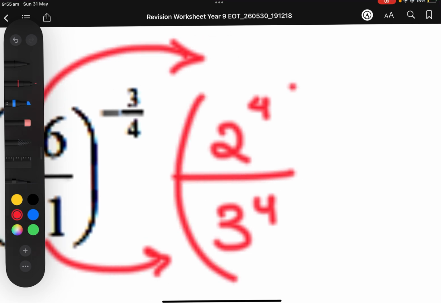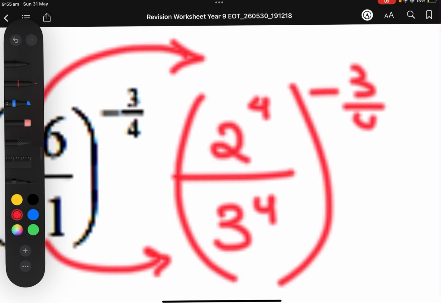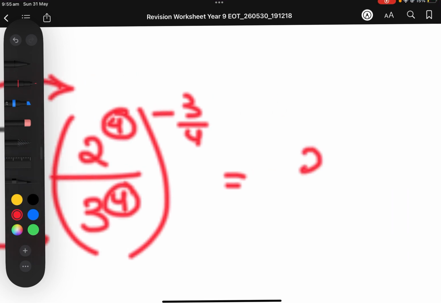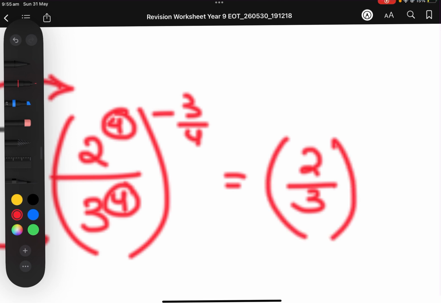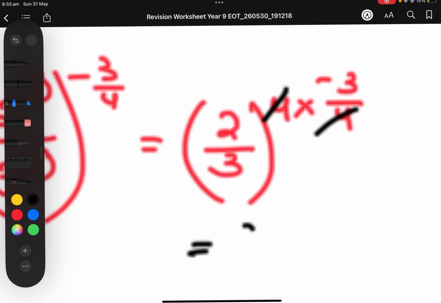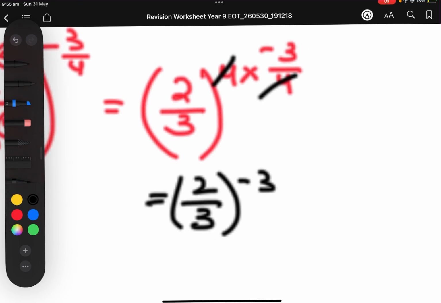Okay, then we have whole to the power minus 3 by 4. So here there is a power 4 and 4, same power. So we will take that out common. 2 by 3 whole power 4 into minus 3 by 4. This 4 and this 4 get cancelled. What am I left with? 2 by 3. Negative 3 is left here, right?